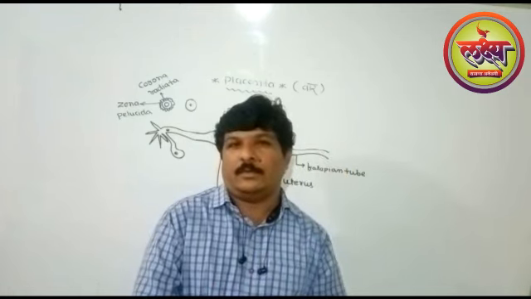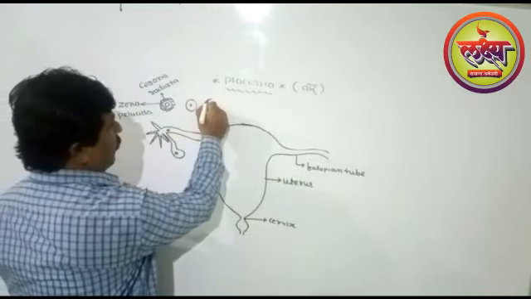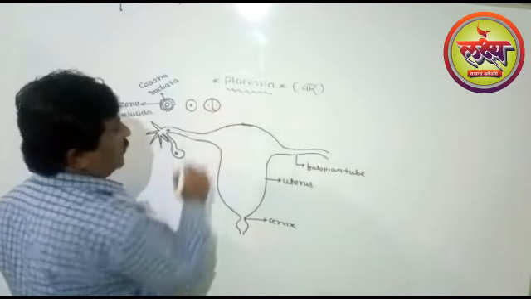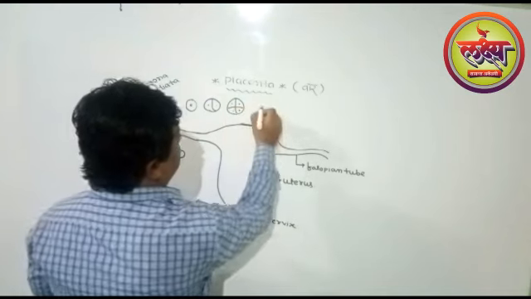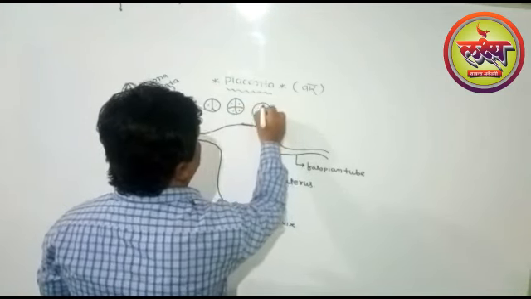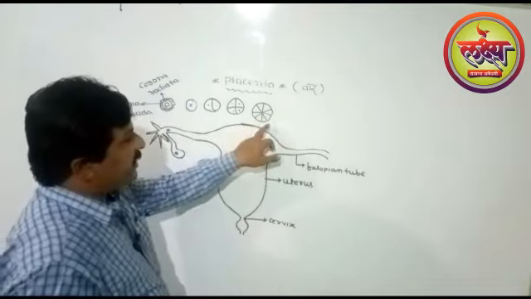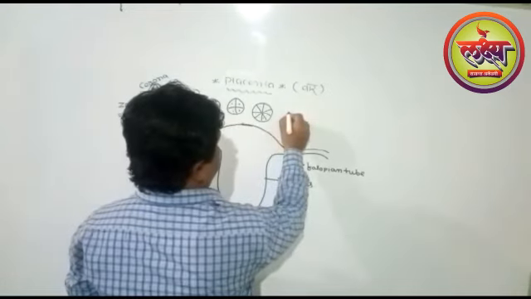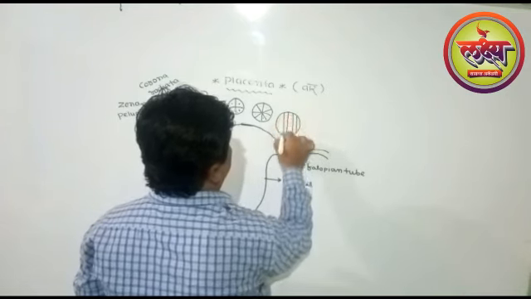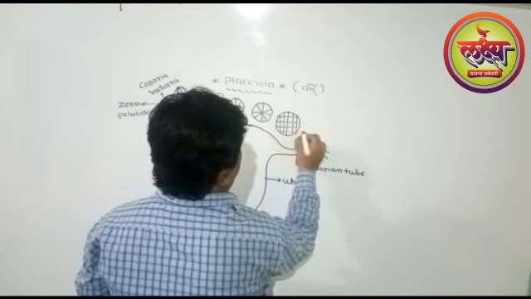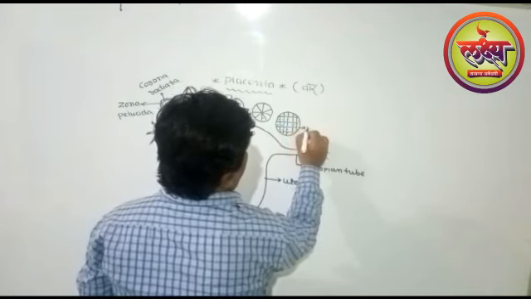That 16-cellular structure is a solid ball-like structure which we call the morula.